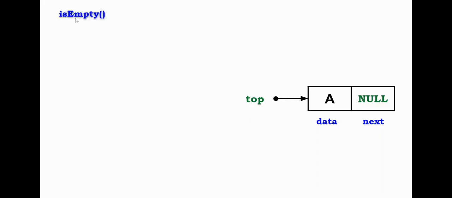To check whether it is empty, we check the value of top. If it is null, then this function returns true, else it returns false. There is no need for a full-check routine in a linked list because it is dynamic, so size can vary according to our requirements.